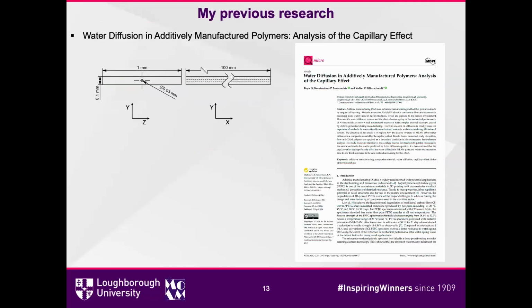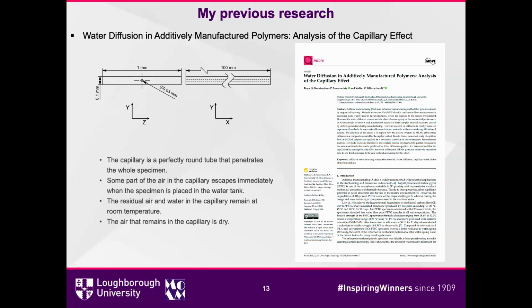This is one of my previous research studies. It is a perfectly round capillary tube in a module which is 1 millimeter wide, 0.1 millimeter high, and 100 millimeter long, which is a typical situation in one printing bead. And there's a 0.03 millimeter capillary penetrating through the entire module.